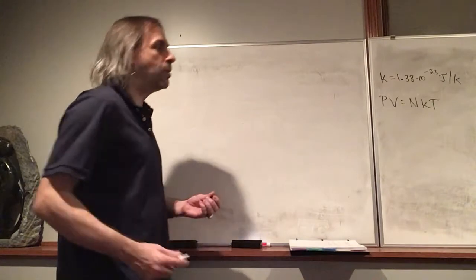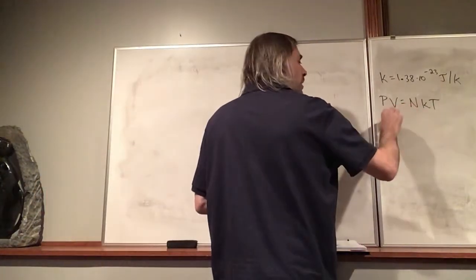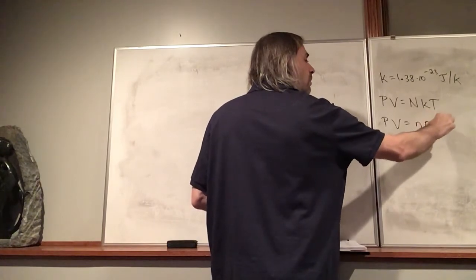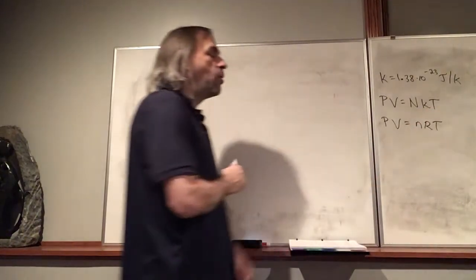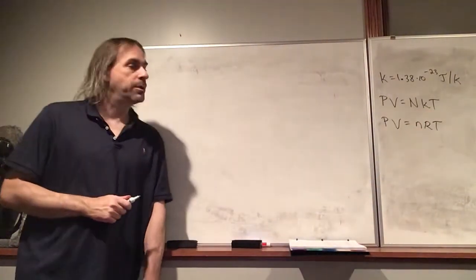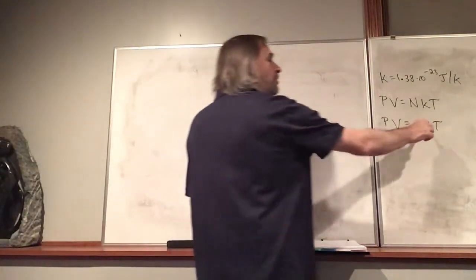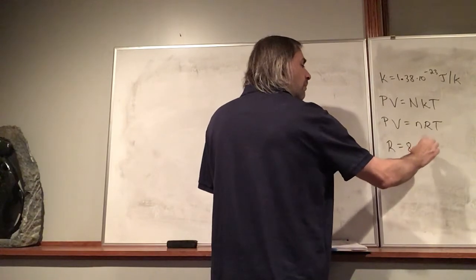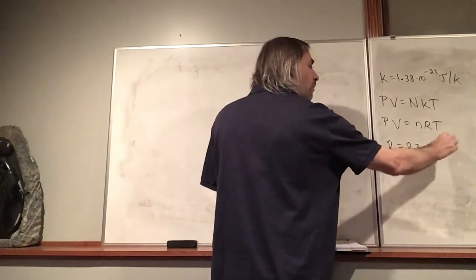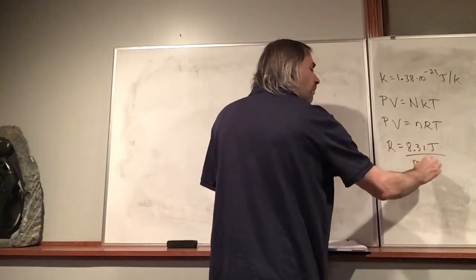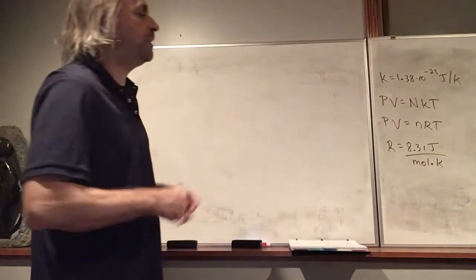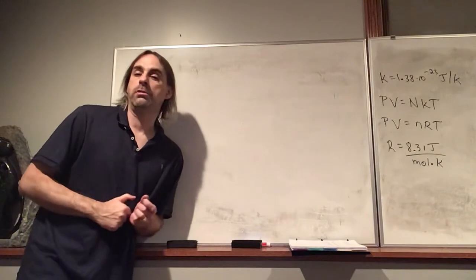But we can write an alternative form for the ideal gas law in terms of moles. So n, lowercase n, is the number of moles, and then we have this R, which is called the universal gas constant. It's 8.31 joules per mole Kelvin.